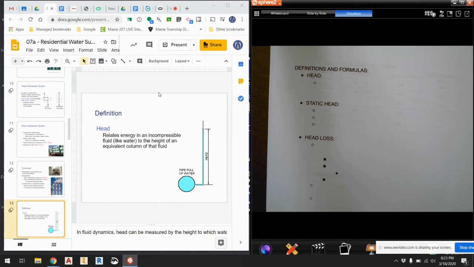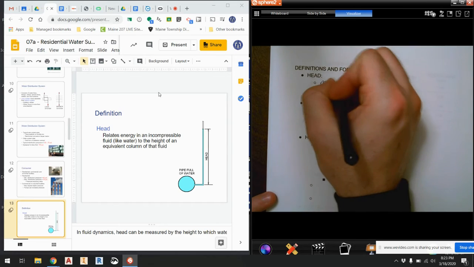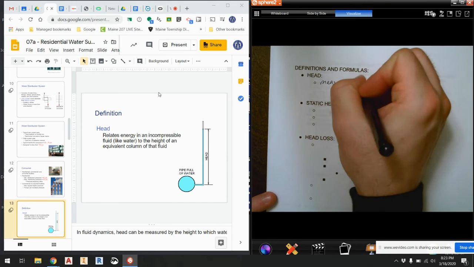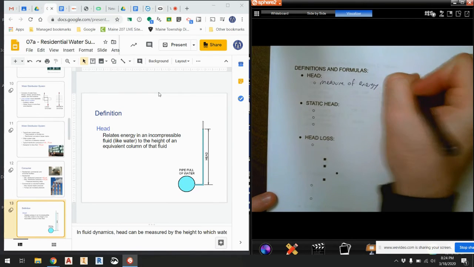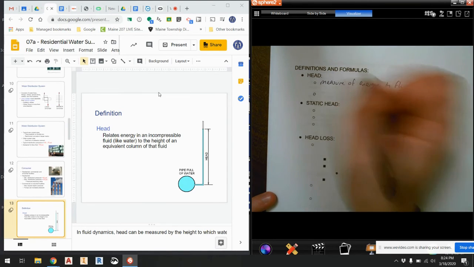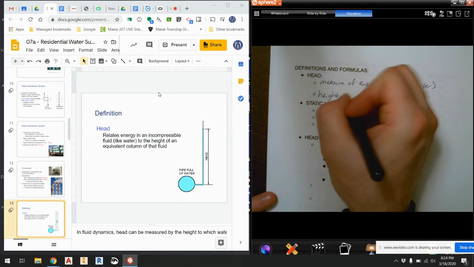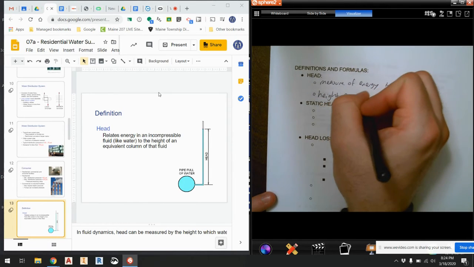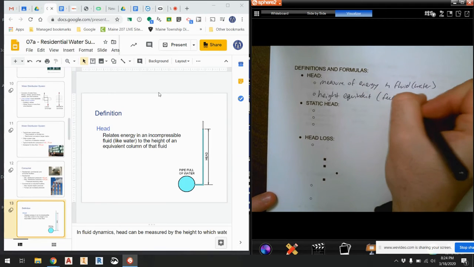So the head, like I said before, is a measure of energy in the fluid, and here we're talking about water. And the way we measure it is height equivalent, meaning feet of water.